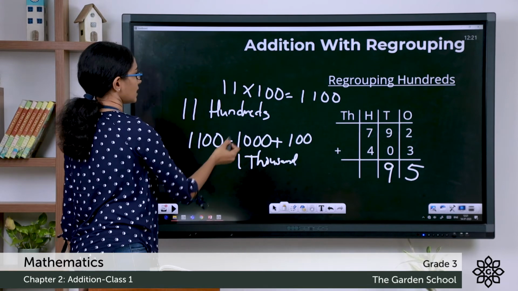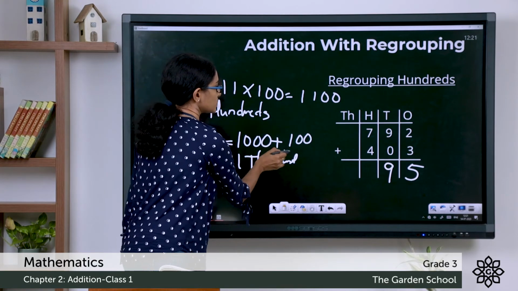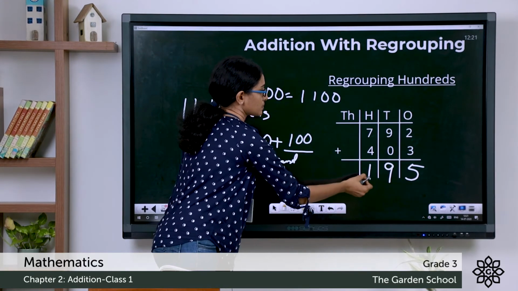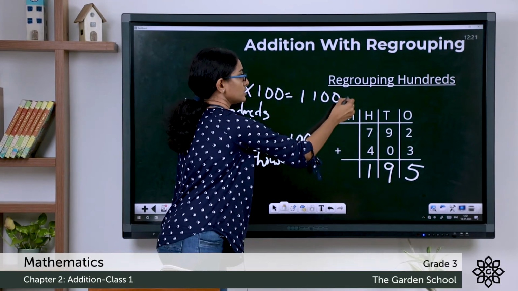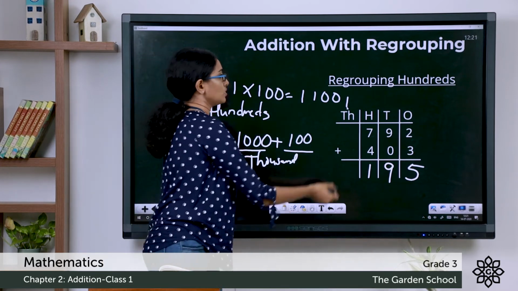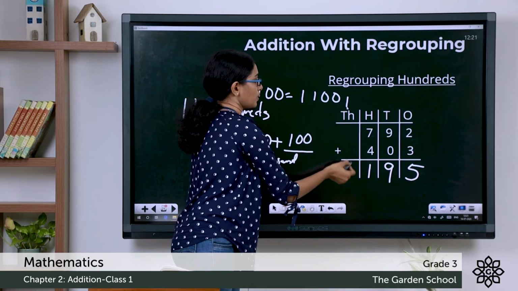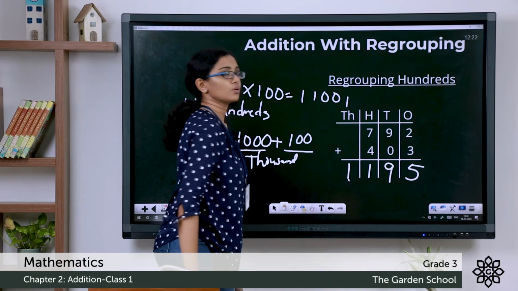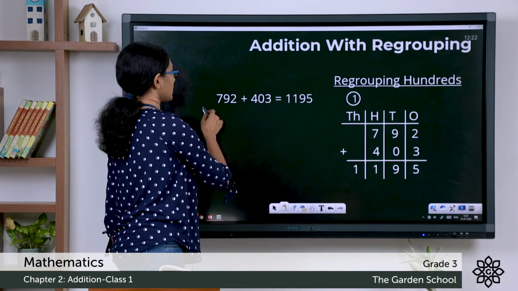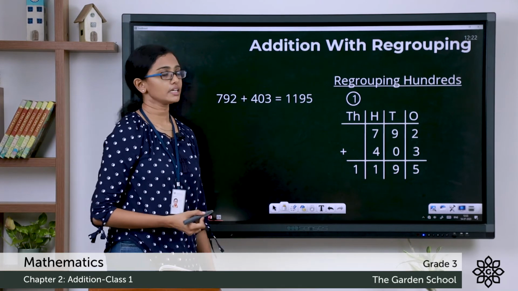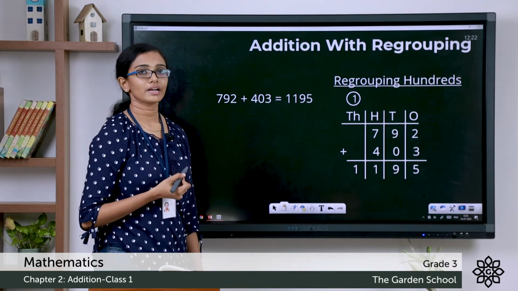So from this 1100, you write this 100 in the hundreds place and then carry over this 1000 to the thousands place. So here we have the carried over 1 in the thousands place. So that gives you the sum 792 plus 403 equals 1195.